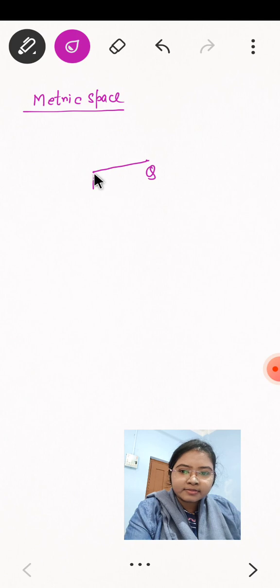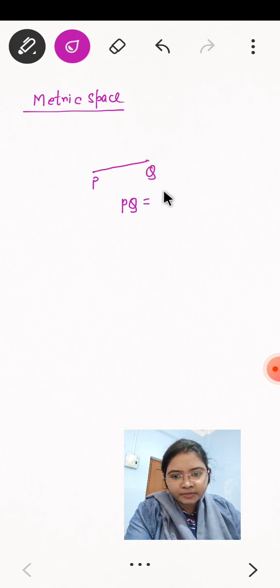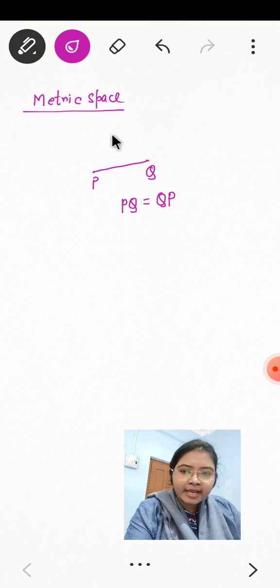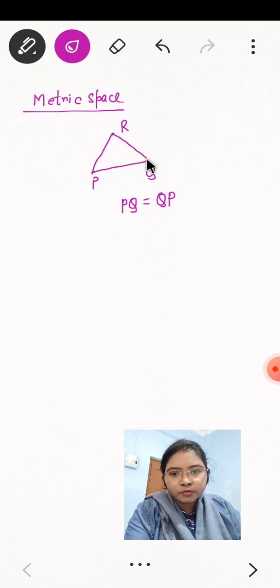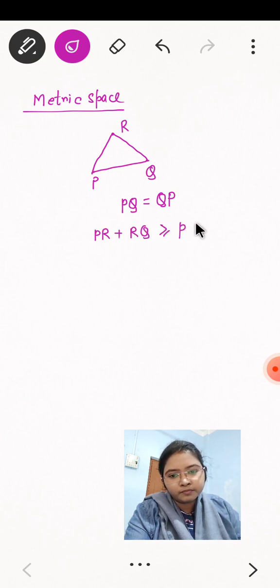And the distance from P to Q, that is PQ, and the distance from Q to P, that is QP, both are the same. If we take another point, say R, then we know that the sum of two sides of a triangle is always greater or equal to the third side, that is PR plus RQ is greater or equal to PQ.